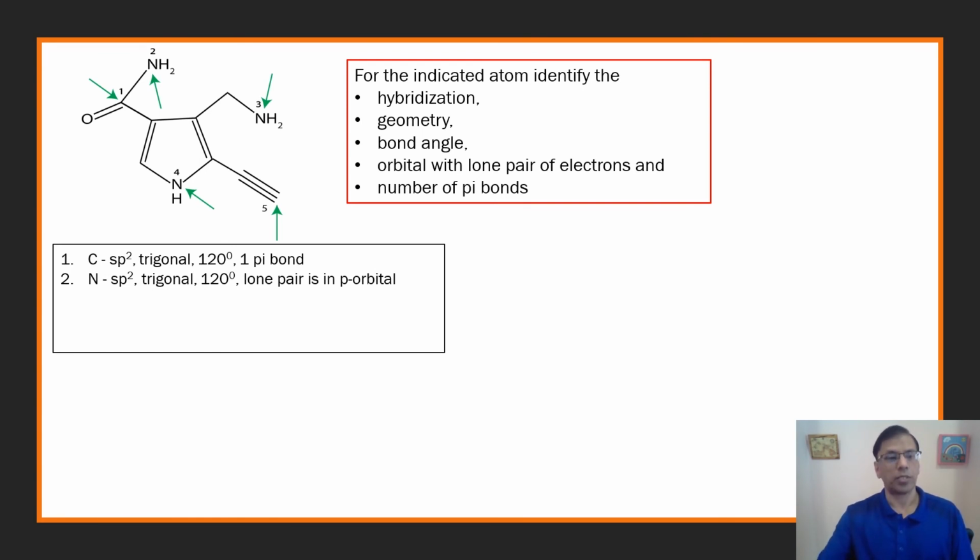And the amide bond cannot be rotated about the carbon nitrogen because of the delocalization of electrons from nitrogen into the carbonyl group.